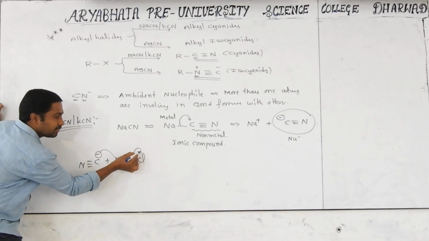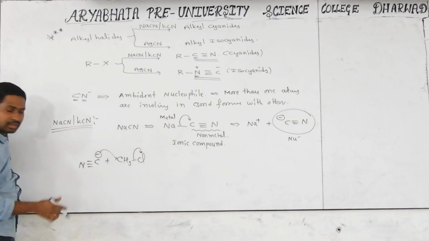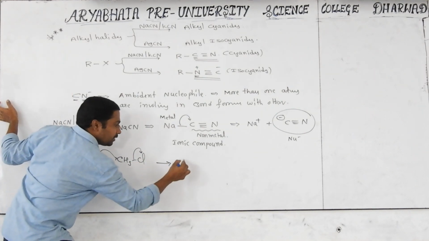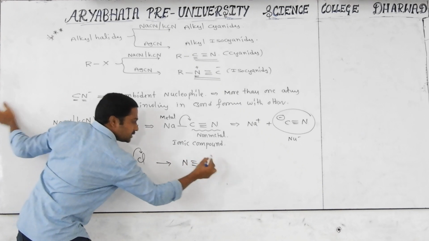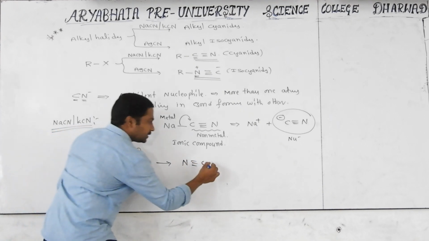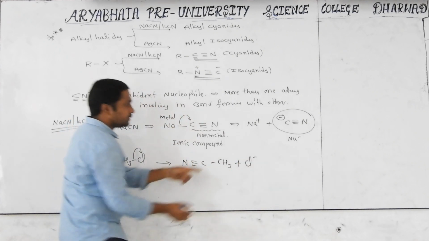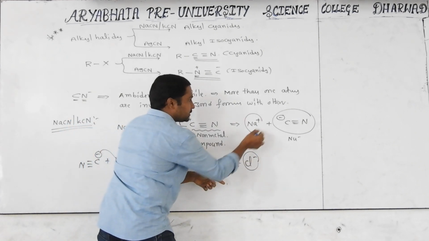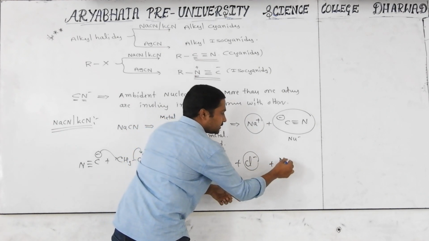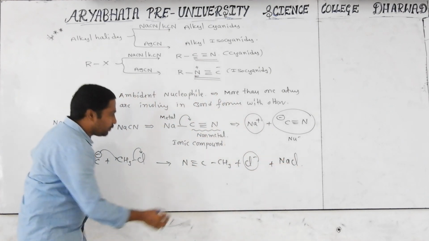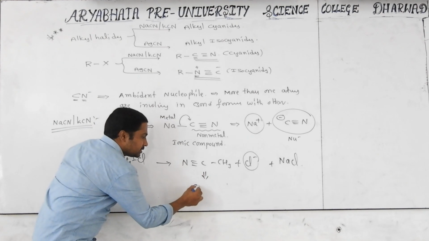Immediately this chlorine atom will be coming outside. Then what are we getting? You see carefully: N triple bond C connected with CH3, and the chlorine comes outside as Cl minus. This Cl minus and this Na plus become NaCl. Can you write this compound in another way?